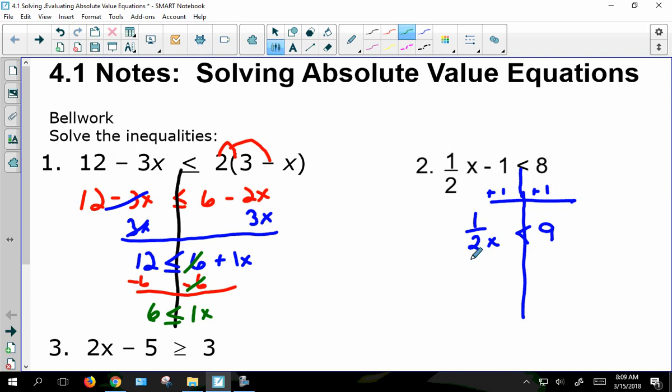Now, to get rid of the fraction, how do I do it? Multiply both sides by the bottom number. Am I multiplying by a positive or negative number? Positive. So I do not flip the inequality. The 2's cancel, leaving me 1x is less than 18.